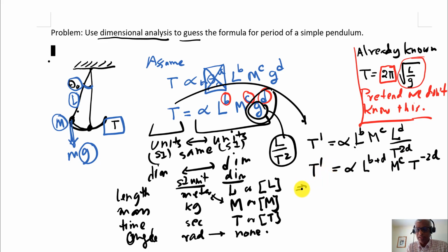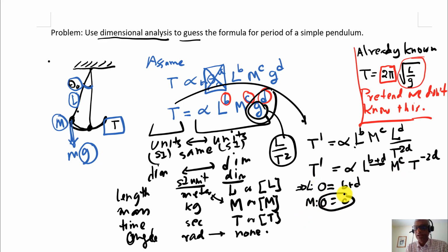So this means b plus d has to be 0 for length, 0 on this side, and b plus d on that side. And for mass, 0 on this side, so c equals 0.